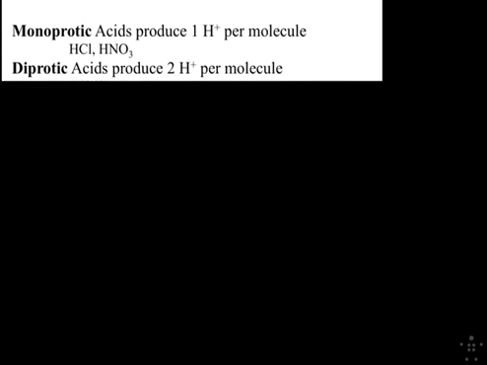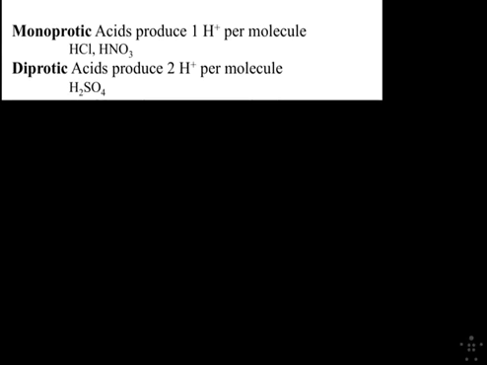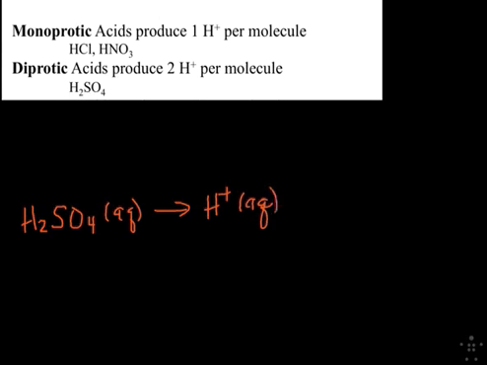So for example, we have diprotic acids, something like H2SO4. If I put that into water, I'm going to get H2SO4 aqueous. In the abbreviated form, we can write this that it makes H+ aqueous. We know, of course, that's really hydronium, H3O+.